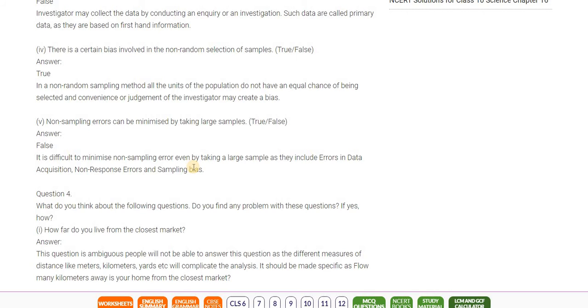Next one. What do you think about the following question? Do you find any problem with this question? If yes, how? How far do you live from the closest market? Then the answer is, this question is ambiguous.